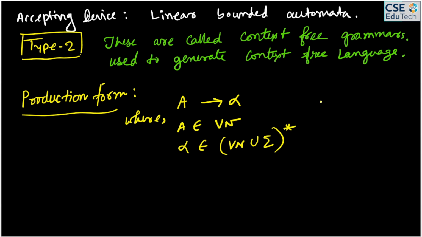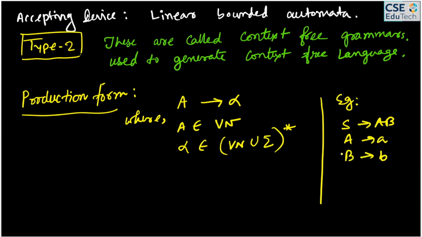For example, S to AB, A to a terminal, B to b. So on the right hand side, it is basically a combination of terminals as well as non-terminals. So this is one example of the type 2 grammar or context free grammar.